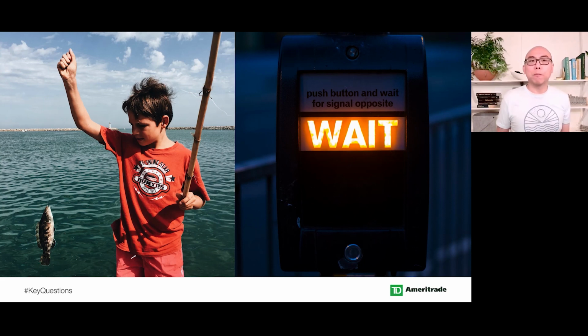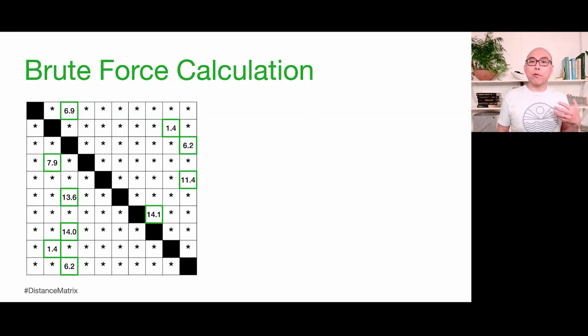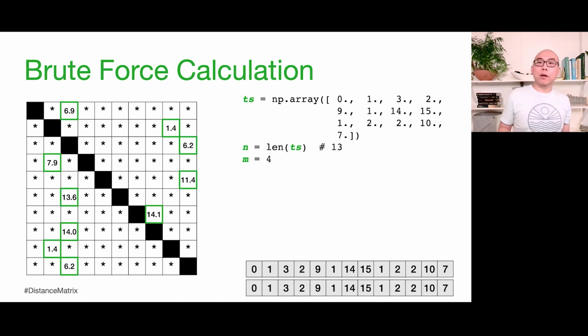It feels too simple. We should really be asking ourselves, is the solution scalable? How might we perform a brute force calculation to compute this distance matrix? Let's start with some Python code. We define our time series up above with a length of 13 and a subsequence length of 4, and our time series is also down at the bottom for illustration purposes.